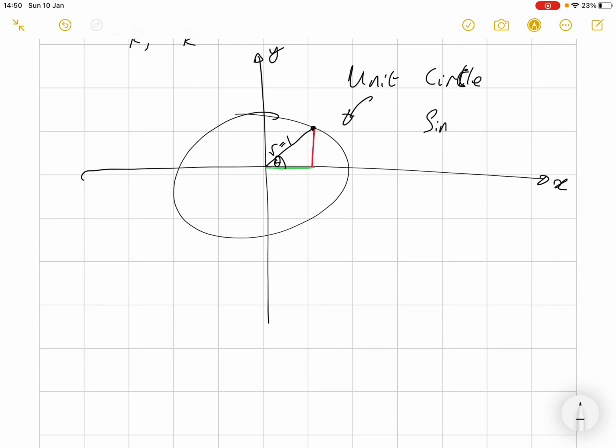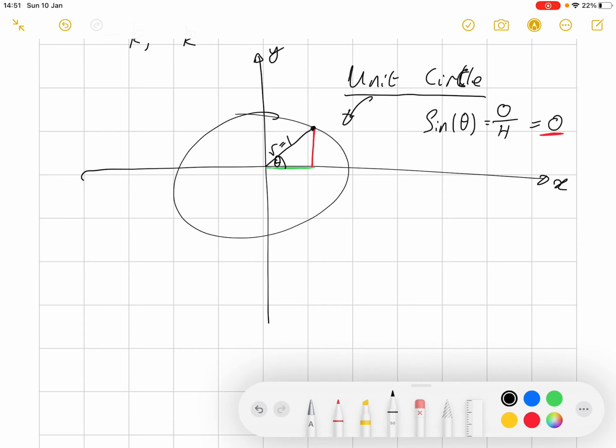Sine of theta is equal to the length of the opposite divided by the length of the hypotenuse. But we know that the hypotenuse in this triangle is equal to 1, because, as we said very clearly, it's the unit circle. So this just becomes O. In other words, sine of theta is exactly the length of the red line.